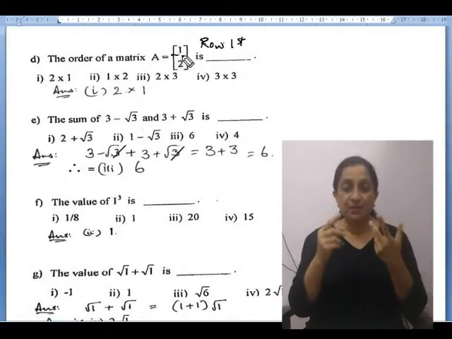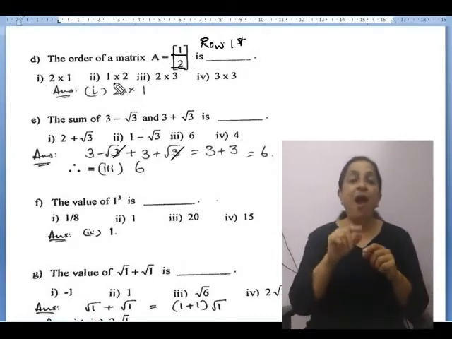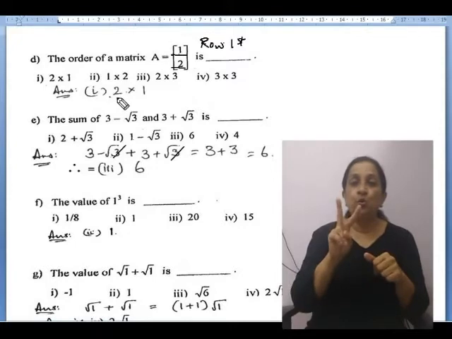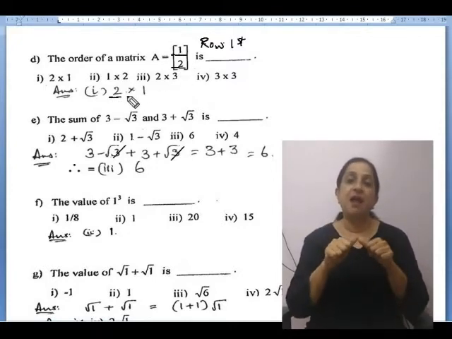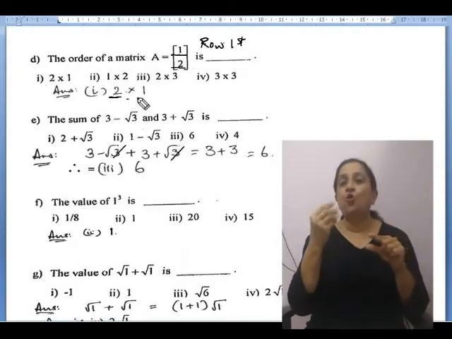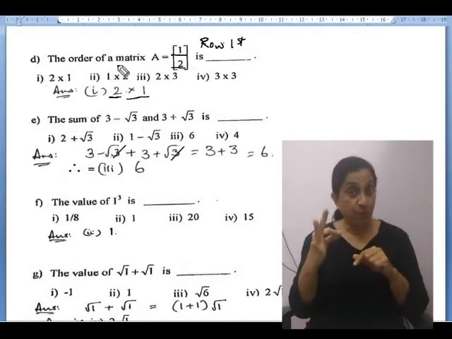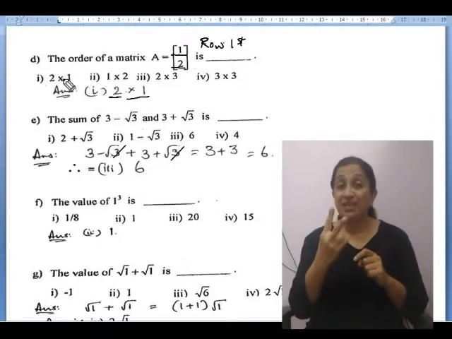Only 2 rows here. This is the first row, this is the second row. So always put the number of rows here, that is 2, and then it is a 2 by 1 matrix, that is, the column is 1. So remember, this is a matrix. Earlier it was a determinant, so we wrote it as 2. Here it is a matrix, so it is 2 by 1.